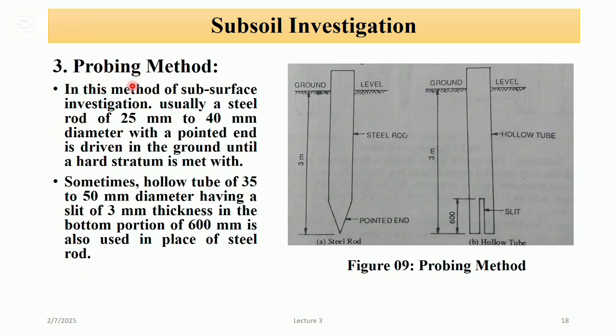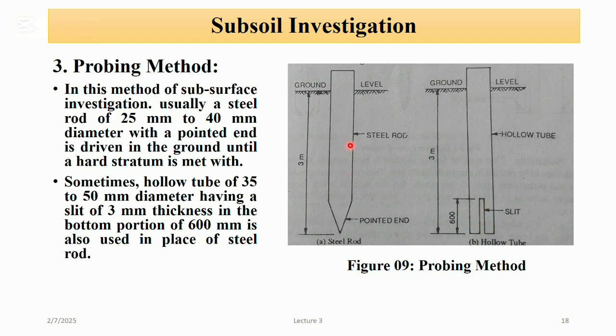Probing method. In this method of subsoil investigation, a steel rod with a pointed end is driven into the ground until a hard stratum is met. Sometimes we use a hollow tube instead of a steel rod. The hollow tube has a slit in the bottom end.